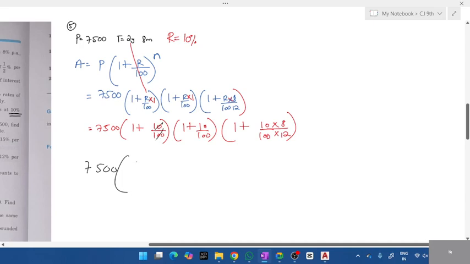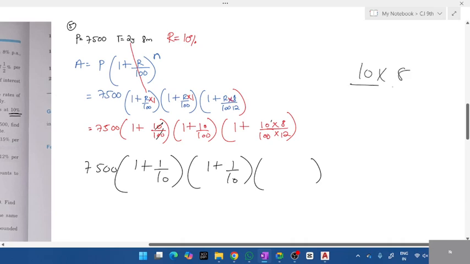See, for this, you get 1 plus 1 by 10. Same goes with this. For this, after reducing, what did you get? Abigail, what's the answer? 0 and 0. 2 fours are, 2 fives are, 4 ones are, 4 threes are. 1 plus 1 by 15.